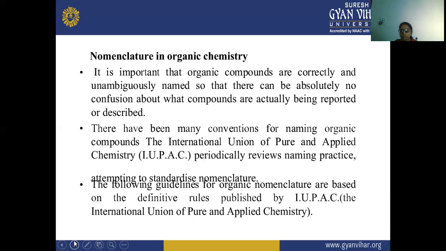They have also given priority to the functional groups, so that we can apply that priority sequence before naming the organic compound, and there will be no confusion about what compound is actually being reported or described.